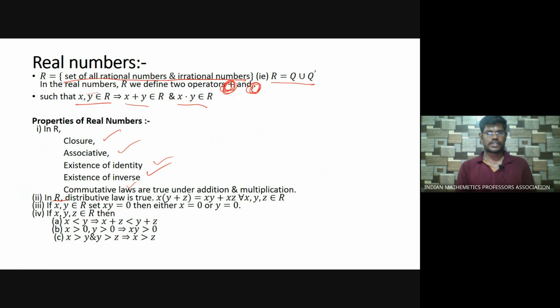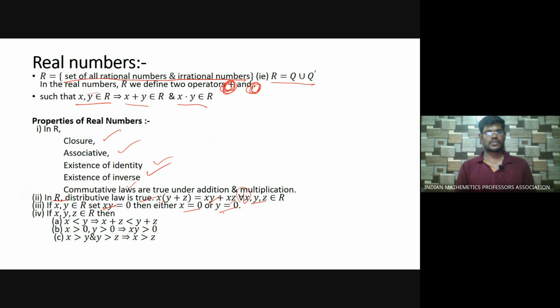Okay, so here we have some other properties in the real field. The distributive law is true, that is, x(y plus z) equals xy plus xz for every x, y, z belonging to R. Third, if x, y belong to R and x times y equals 0, then either x is equal to 0 or y is equal to 0.